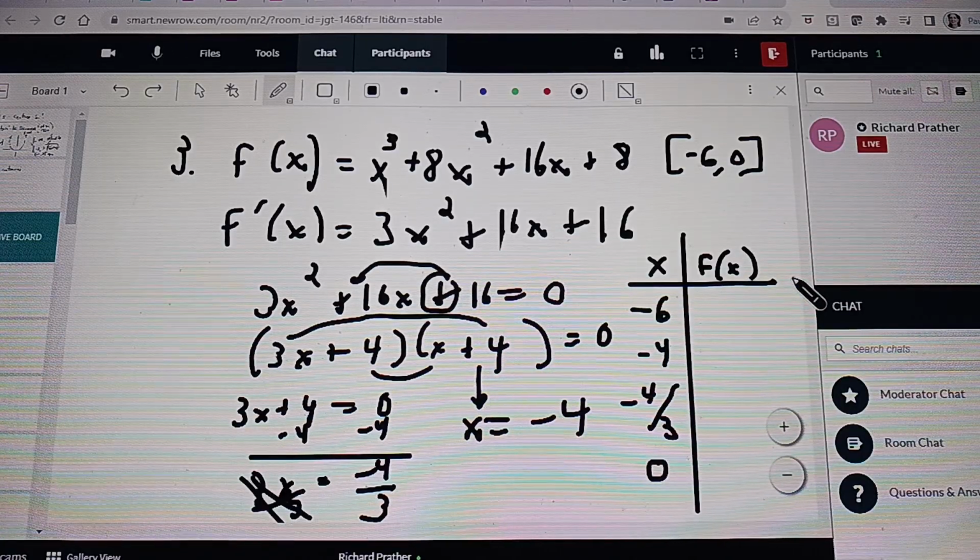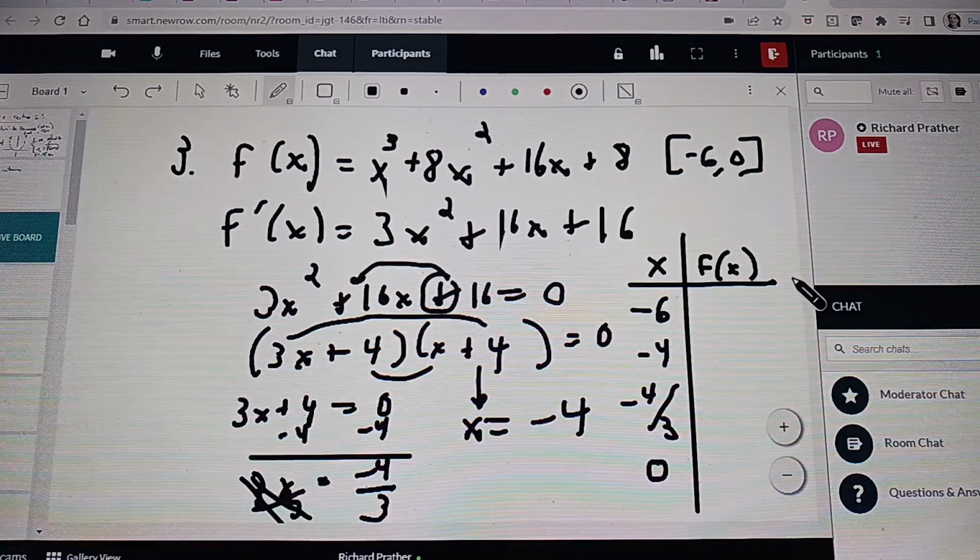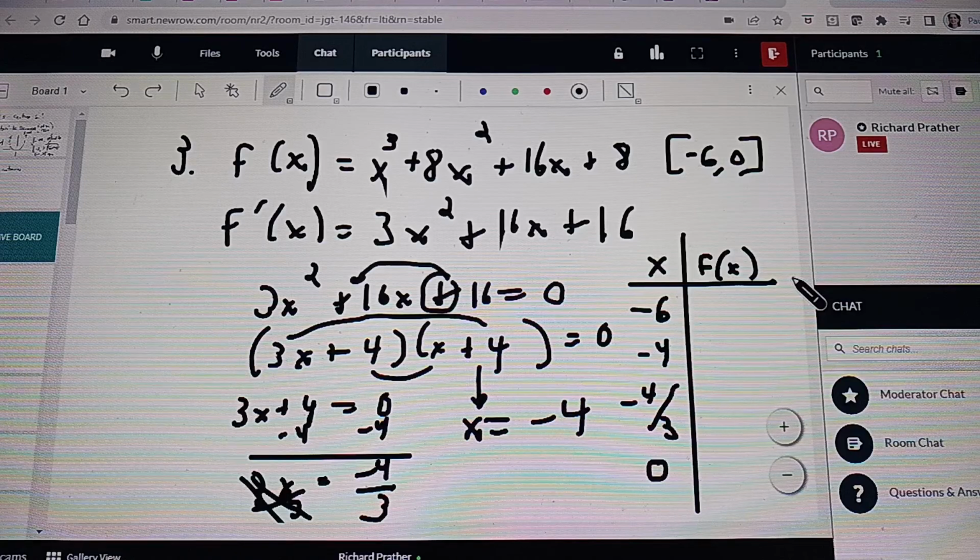Whatever one of these 4 answers is highest or tied for the highest is the one and only value of the absolute maximum. And if there's a tie for the highest, then I'm going to have multiple x's that are doing it, but it's still only one y value that it's happening at. And then I'll do the same thing for the minimum. So you basically just have to calculate all 4 of these and see which answers are highest and lowest.